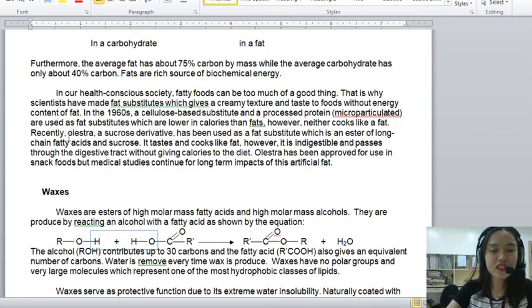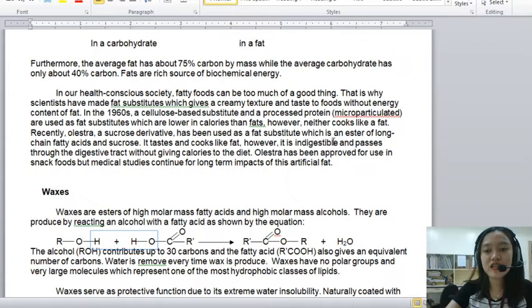So, recently, olestra, a sucrose derivative, has been used as a fat substitute, which is an ester of long-chain fatty acids and sucrose. So, ang olestra ninyo medyo mas success siya. Okay? So, it tastes and cooks like fat.